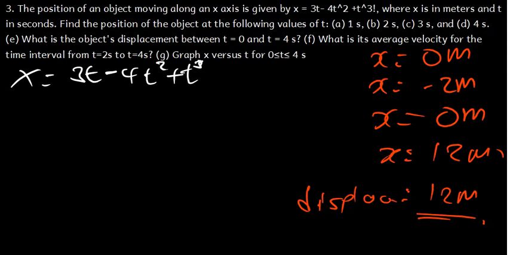Okay, then part F is saying, what is the average velocity for the interval from t is equal to 2 to t is equal to 4? When they ask this question, it is totally different from the second question, where they gave us two cases and we were adding the displacement and then adding the time.